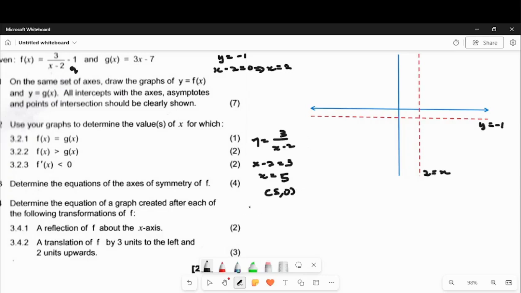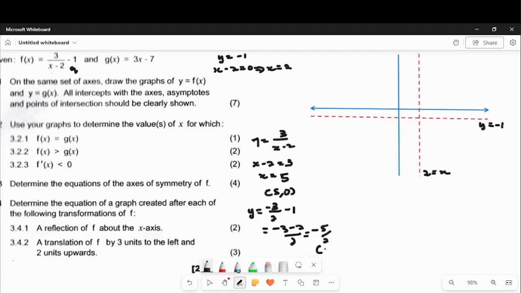And for the y-intercept, I'll put x equals 0, so I will have y equals 3 divided by, with x being 0, -2, then minus 1. So that's -3 divided by 2, then -1, which is -3 minus 2, all divided by 2, which is -5 divided by 2.